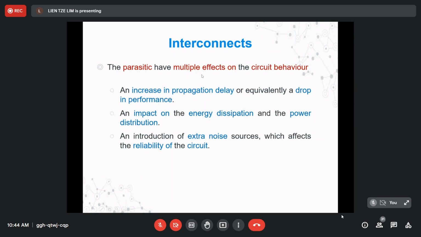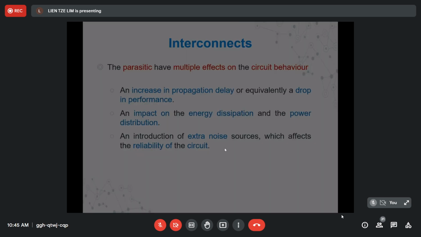Parasitics have multiple effects on the circuit behavior: an increase in propagation delay or equivalently a drop in performance, an impact on the energy dissipation and the power distribution, and the introduction of extra noise sources which affect the reliability of the circuit. All these are the points that I mentioned.